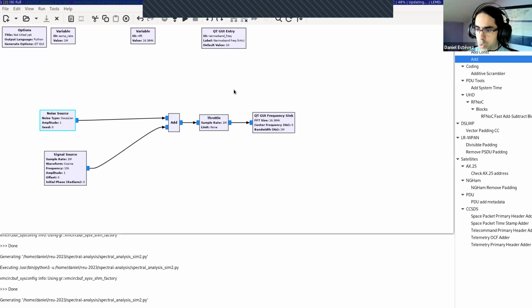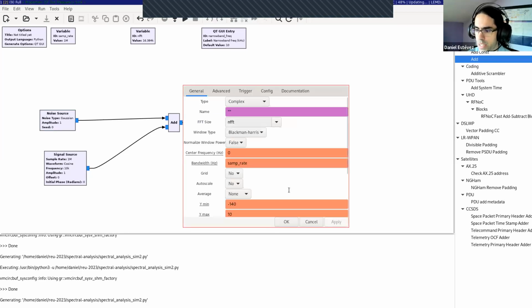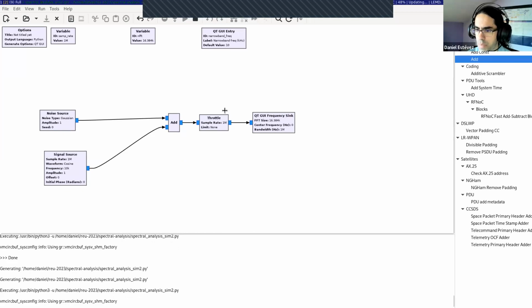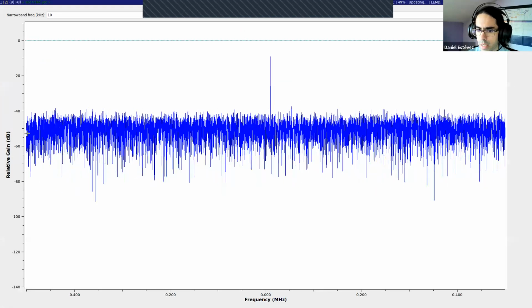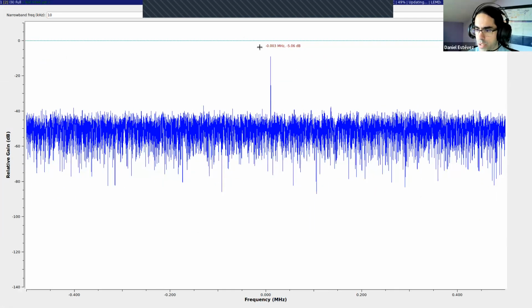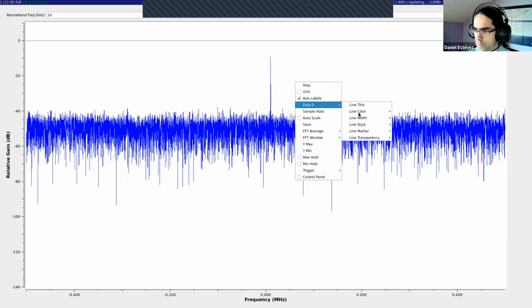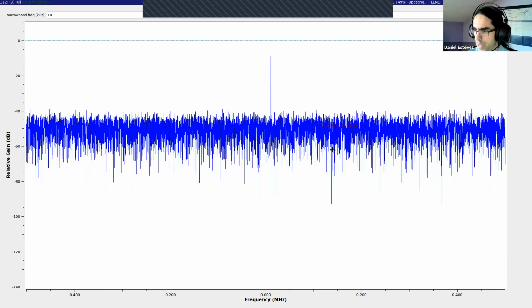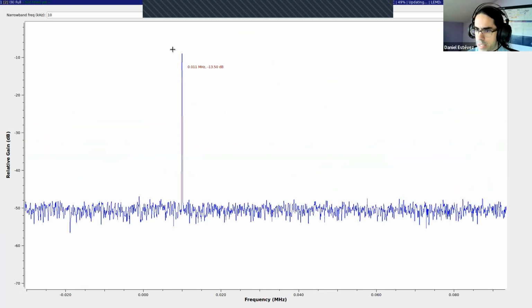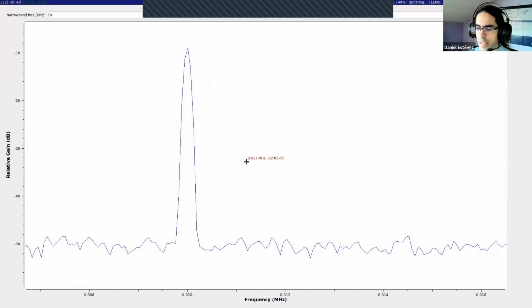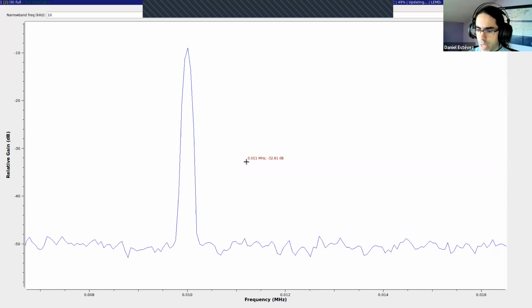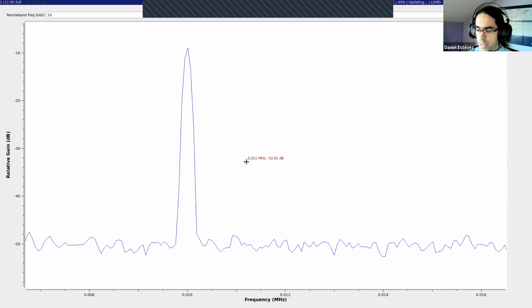I'm not sure if everyone is so familiar with dBs. I started speaking about dBs because the plot here has dBs on the units, but maybe I need to do a very short recap. The idea about dBs is that 10 dBs represents a change in power of 10, and it's multiplicative.